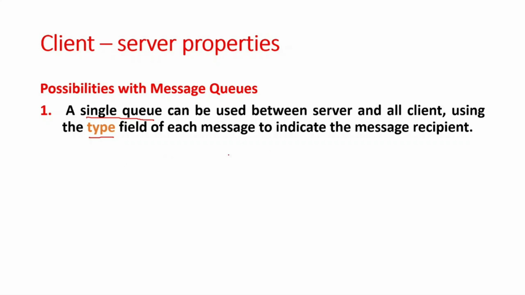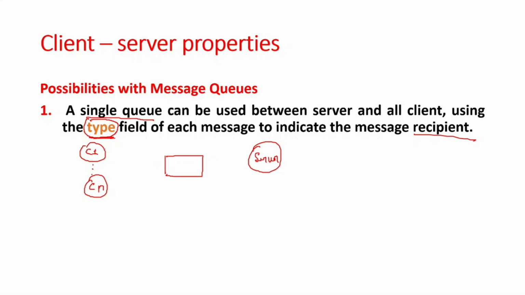The recipient can be either a client or the server, and each message contains a type field, something we have already learned in message queues in our previous lecture videos. Using this type field, each sender can identify the recipient of the message. Let us have one scenario. I have multiple clients, and there is a single queue and there is a server.